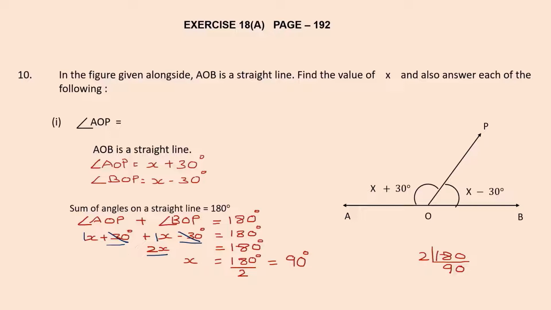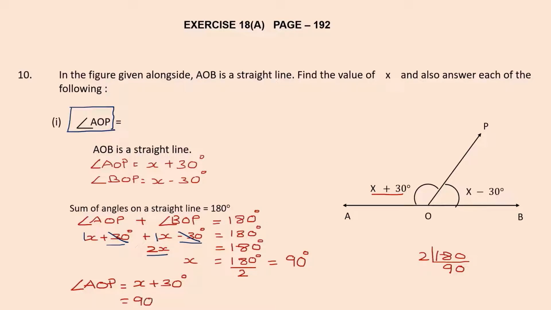Now let's go back to the question. We are asked to find angle AOP. So now let's write down angle AOP is equal to, look at the question, look at the figure here children. What is given to us is AOP is x plus 30. So let's write that down, x plus 30 degrees. And x we just found out is 90 degrees.